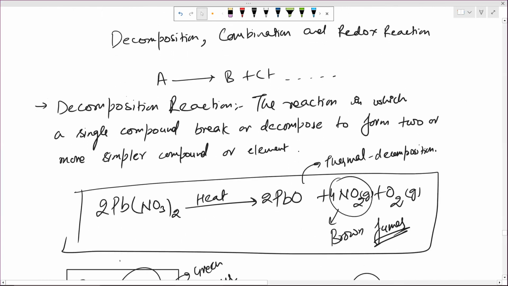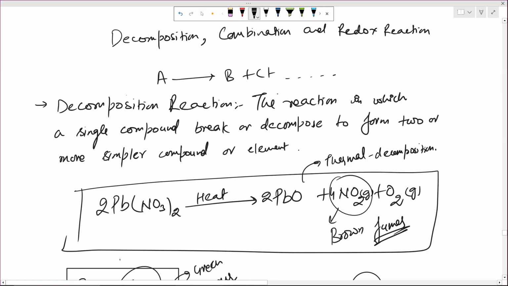The reaction in which a single compound breaks down to form two or more simpler compounds or elements is called decomposition reaction. Note it down. When you're done, please let me know.